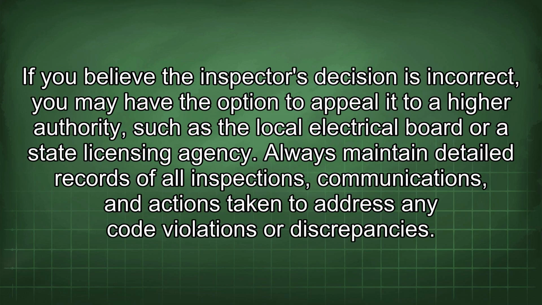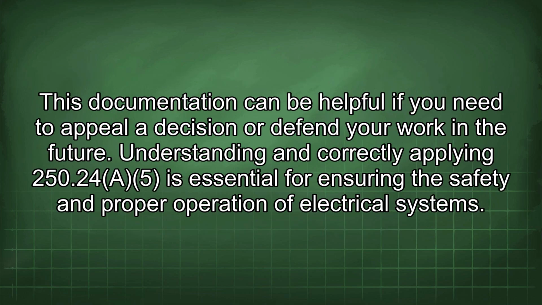If you believe the inspector's decision is incorrect, you may have the option to appeal it to a higher authority such as the local electrical board or a state licensing agency. Always maintain detailed records of all inspections, communications, and actions taken to address any code violations or discrepancies. This documentation can be helpful if you need to appeal a decision or defend your work in the future.